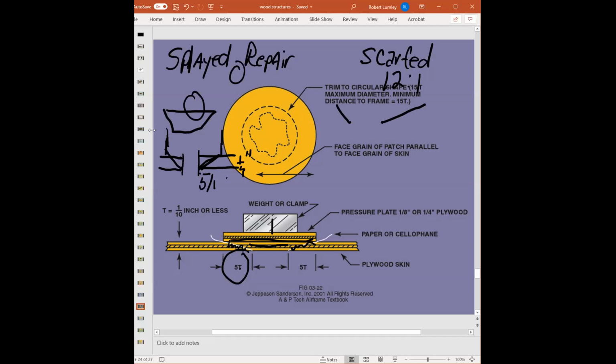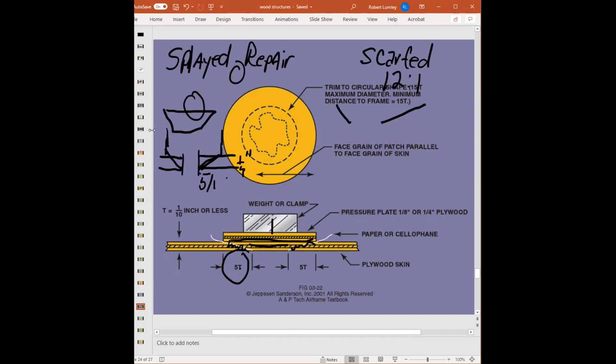Next. Compression failures in wood aircraft structures are characterized by buckling of fibers that appear as streaks on the surface. And the answer is at right angles to the grain. I usually use the word perpendicular, but right angle and perpendicular are the same. A balsa wood question.